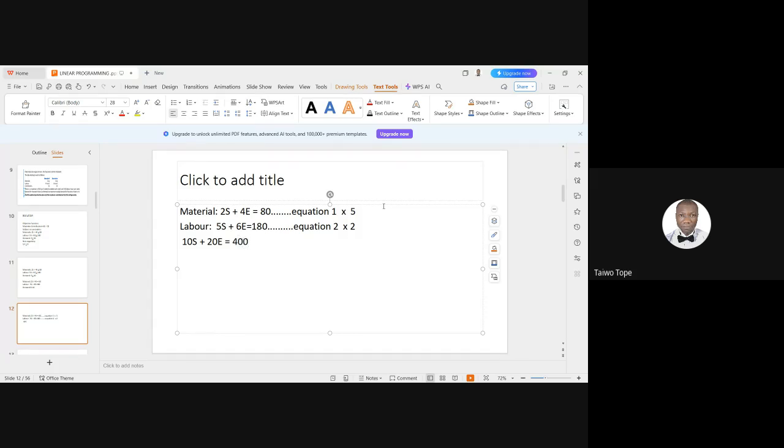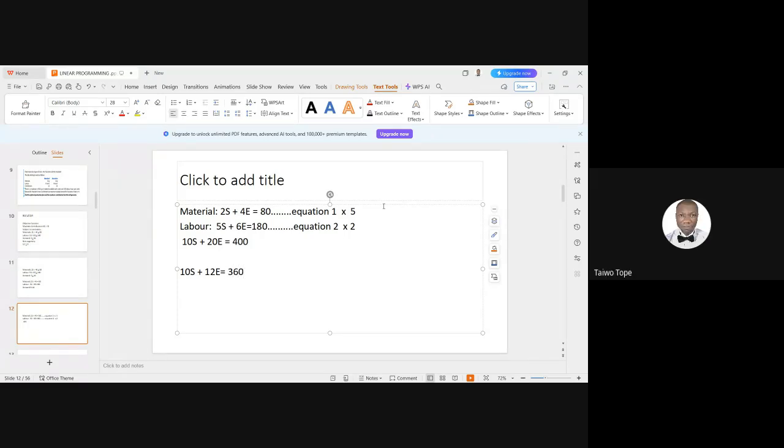That is 5 multiplied by 80. Now 2 multiplied by 5s, you have 10s, plus 2 multiplied by 6e, 12e, and 2 multiplied by 180, that's 360.